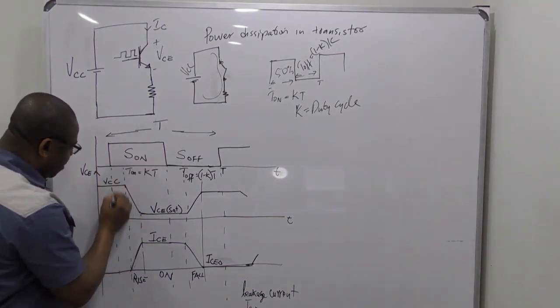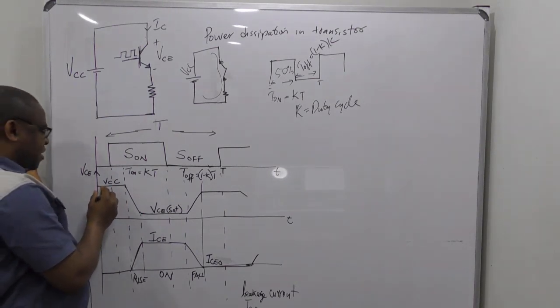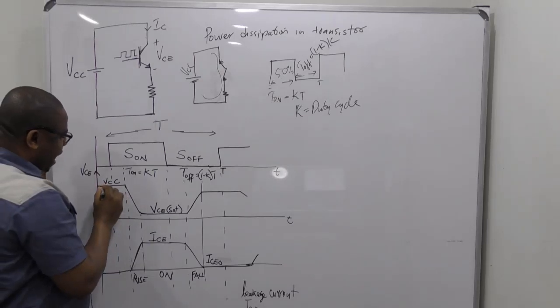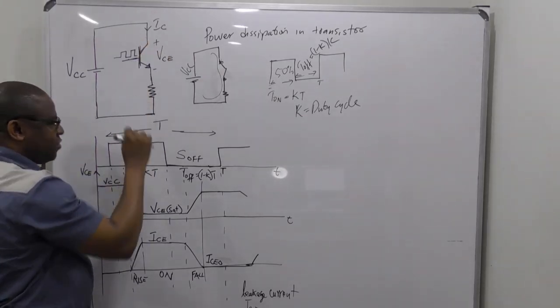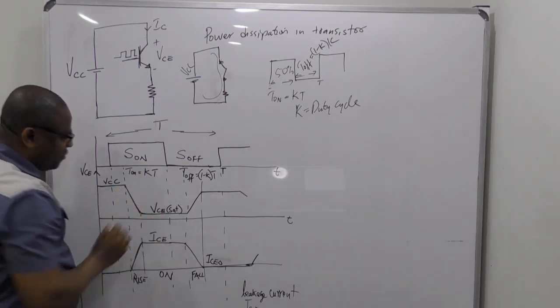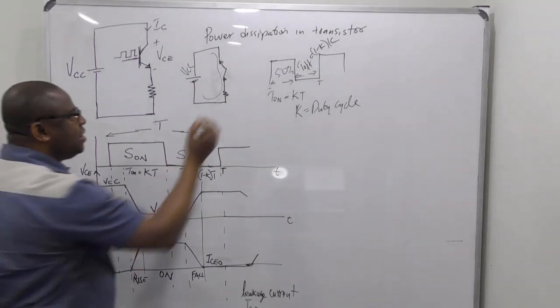When I switch it on, this is supposed to be 0 immediately. But remember that from the previous state it was off, so the voltage was VCC. It will take time for the voltage across this to decrease to almost 0. It will saturate.